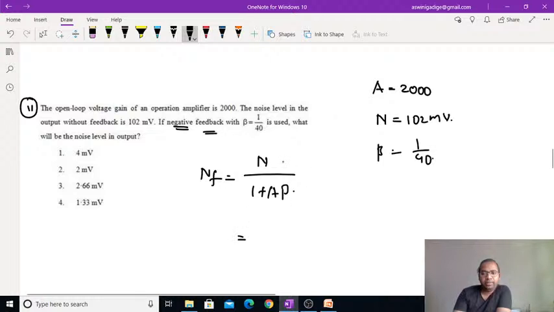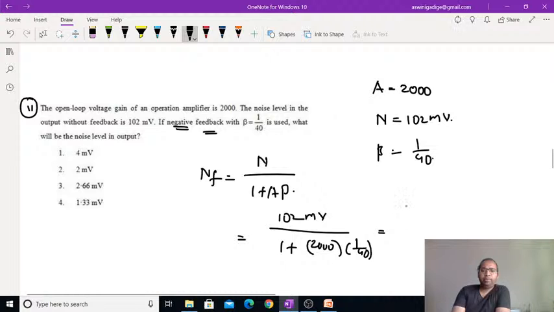That is equal to N, 1 or 2 millivolts divided by 1 plus A into beta. 1 or 2 millivolts divided by 1 plus 2000 into 1 by 40.